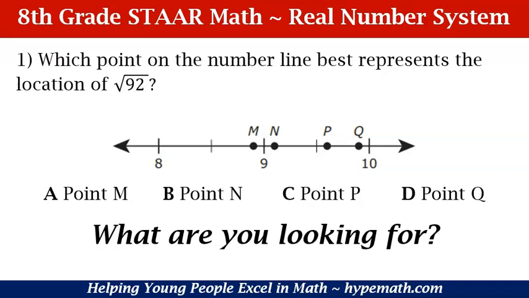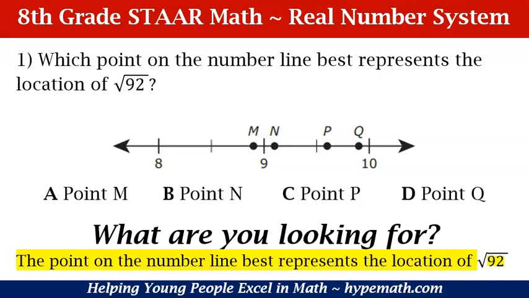This will help us determine what information we need and how we need to solve the problem. We are looking for the point on the number line that best represents the location of the square root of 92.